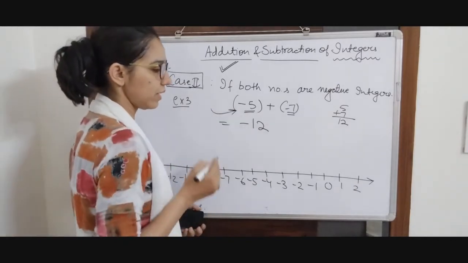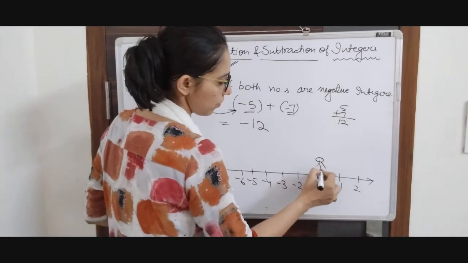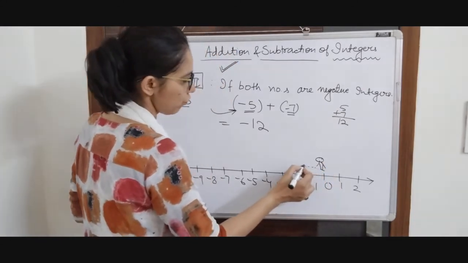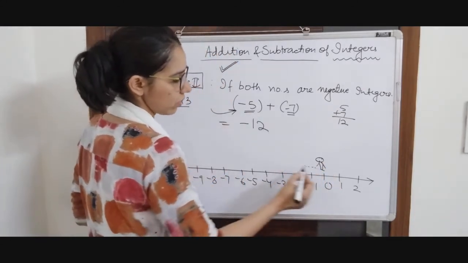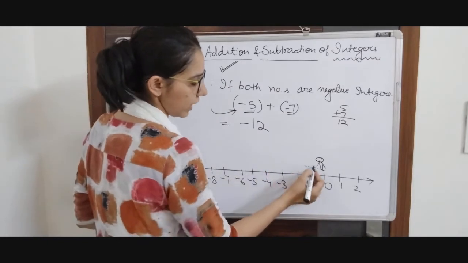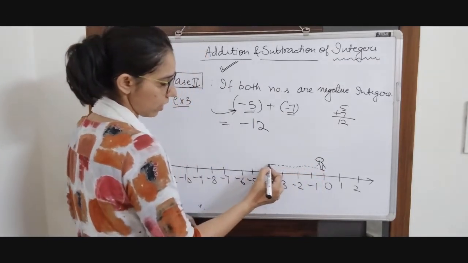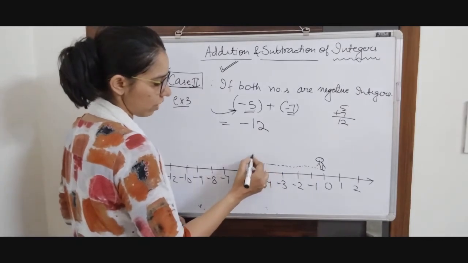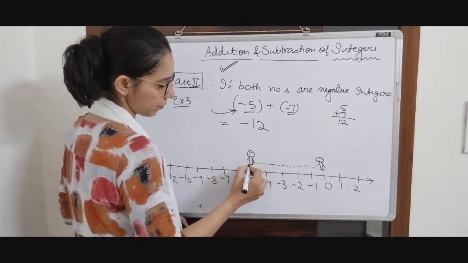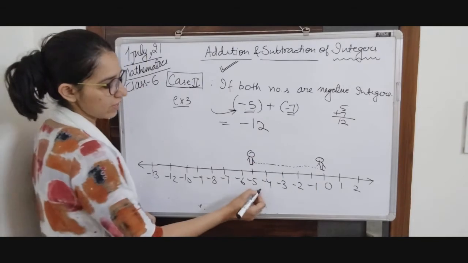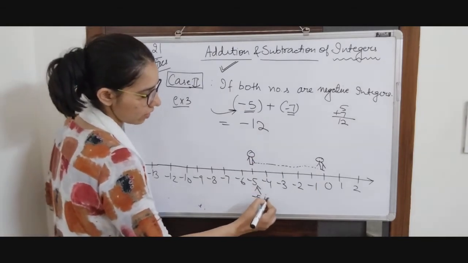First number is minus 5. So I will start from 0 and I will move 5 steps to the left because it is negative. Negative means move to left. So minus 5 is here.